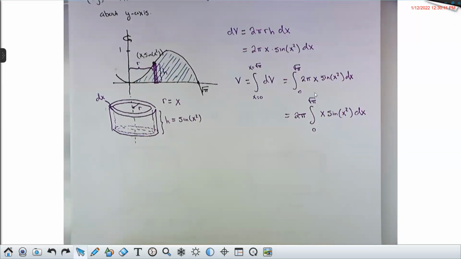Now I'm left with this that I need to find an antiderivative for. And I want you to think about last week's lecture. How would you find an antiderivative for this? How would you integrate x times sine of x squared? Does anything jump out at you?